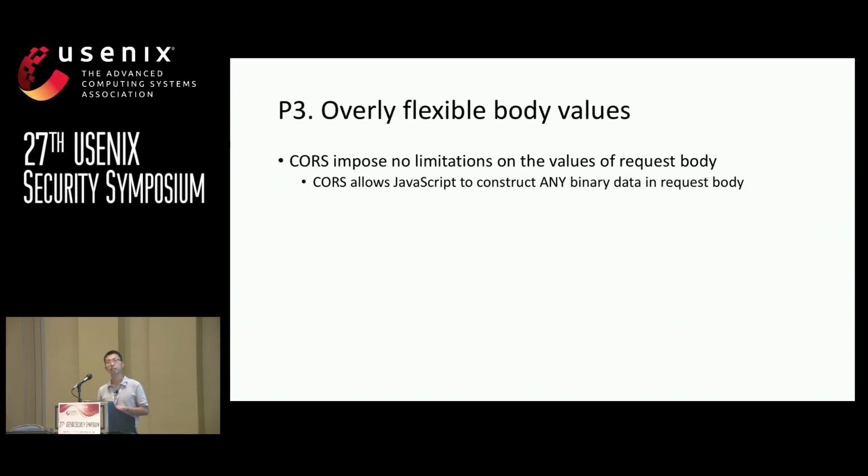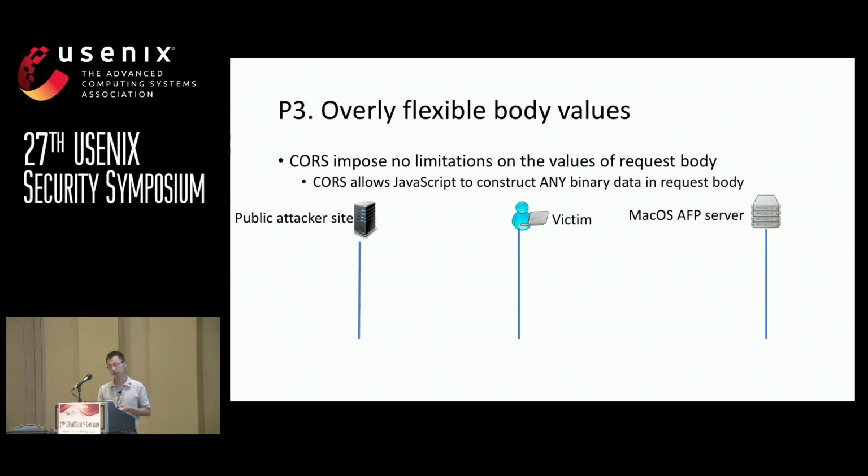The third issue is flexible body values. CORS allows JavaScript to customize request bodies, but doesn't have limitations on the values. So an attacker can craft any binary data in the request body. We found this ability enables an attacker to exploit a binary protocol service.